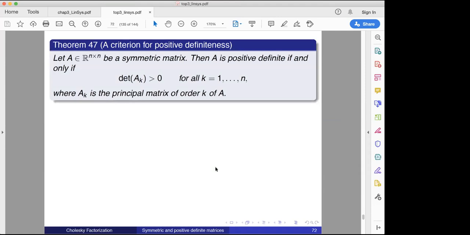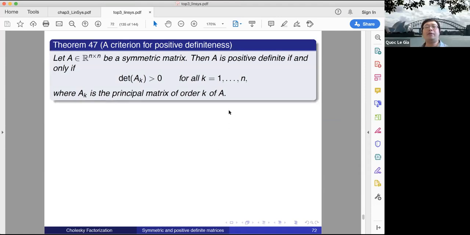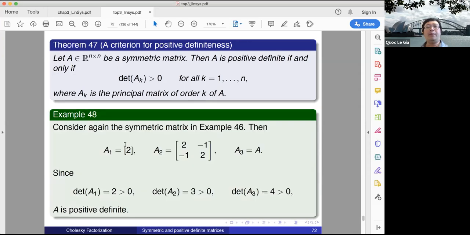So the only way it equals 0 is when it's a zero vector. And in order to check whether the matrix is positive definite, you can check the principal matrices of order k from 1 to n, and then you check the determinant. For example, in the previous matrix, the first principal matrix is just the number 2 in the top left corner. The second principal matrix of order 2 is just a 2 by 2 matrix starting from the top left corner.